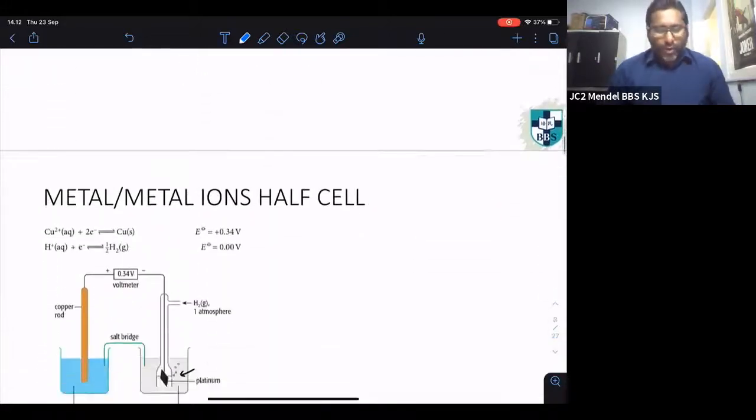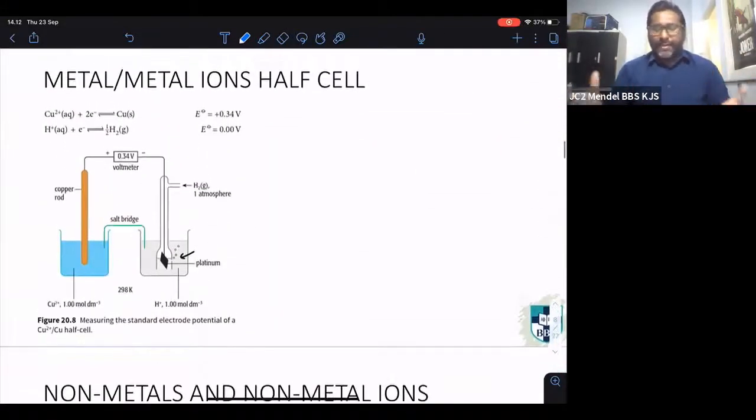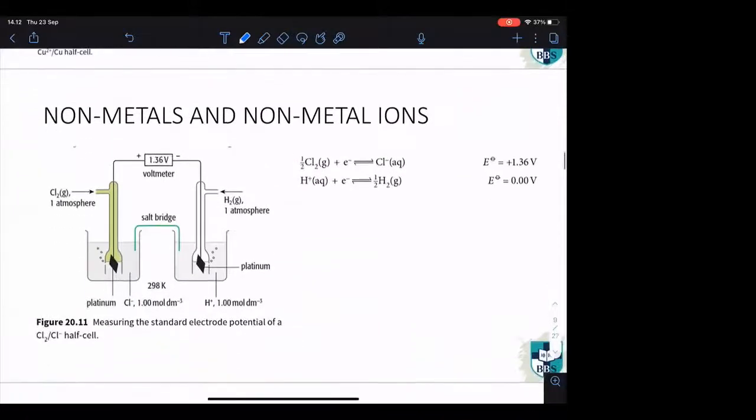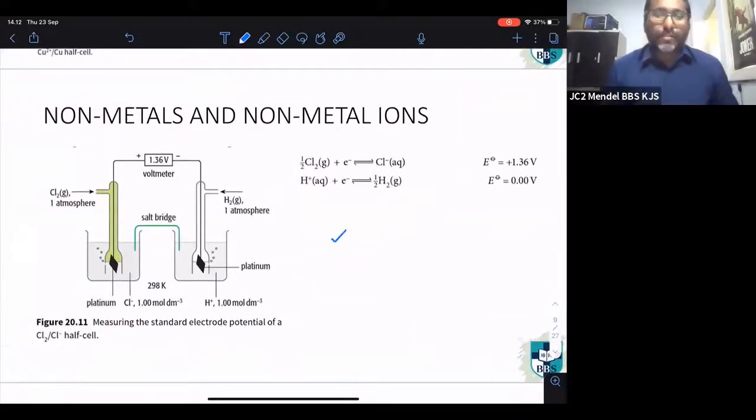If you go through what I discussed in the previous lecture, for metal ion you see the copper rod, copper ion, and how it is drawn. Then for non-metal, you can see how it is drawn, with the non-metal being gas. We also have a situation where the non-metal is in solid form. So you draw accordingly.